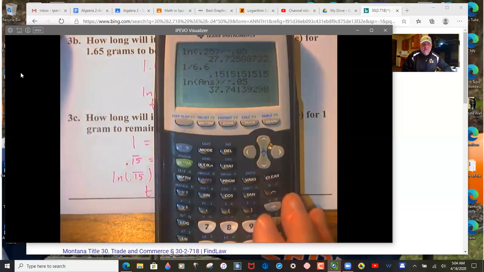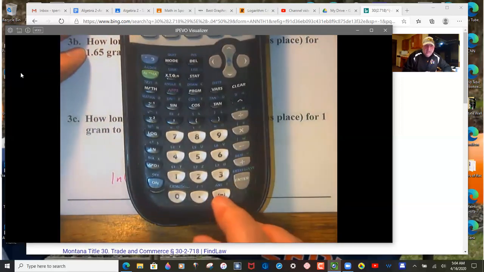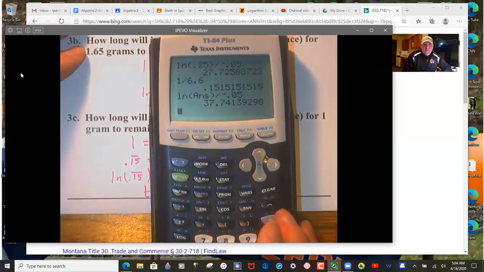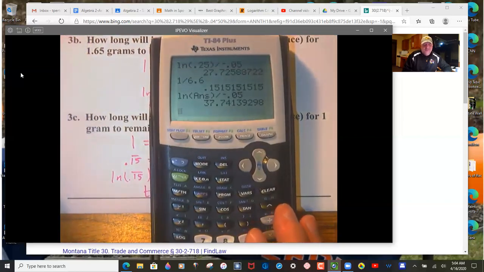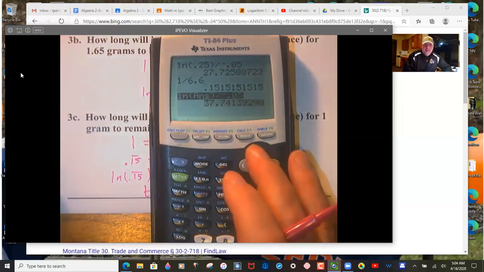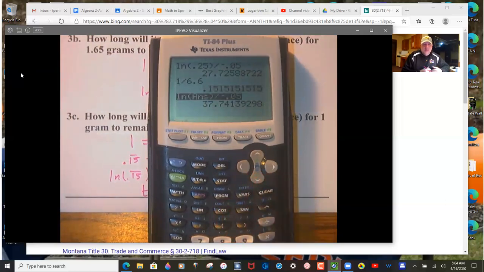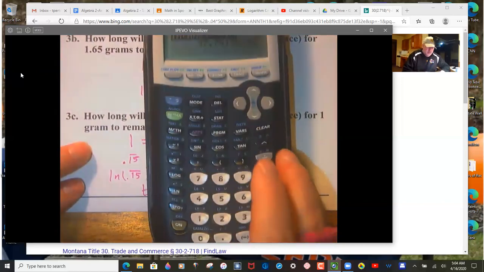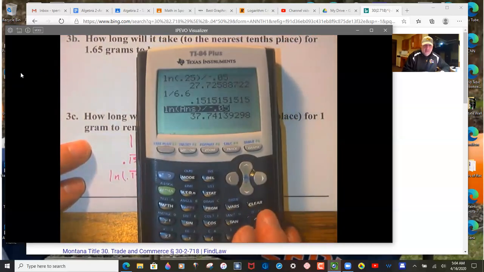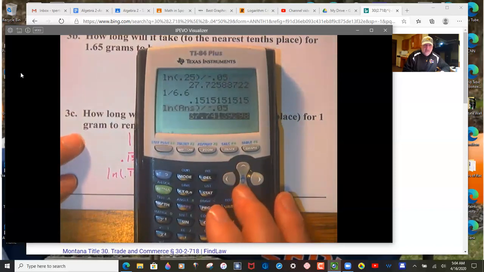You have to learn how to use your answer function. That's behind your negative key down here. When would you use your answer function? When your answer is not nice. You would have it in your memory right there; you have to have it entered in. Then in the next line, wherever you want to input the answer into whatever formula you go down and grab, you do second function answer, and it will input it wherever you want it.